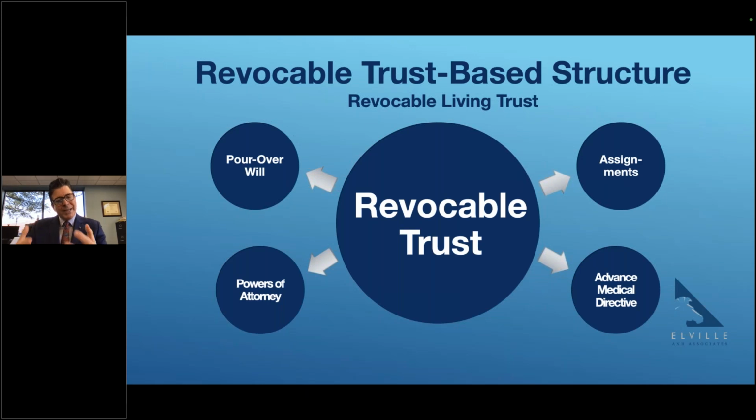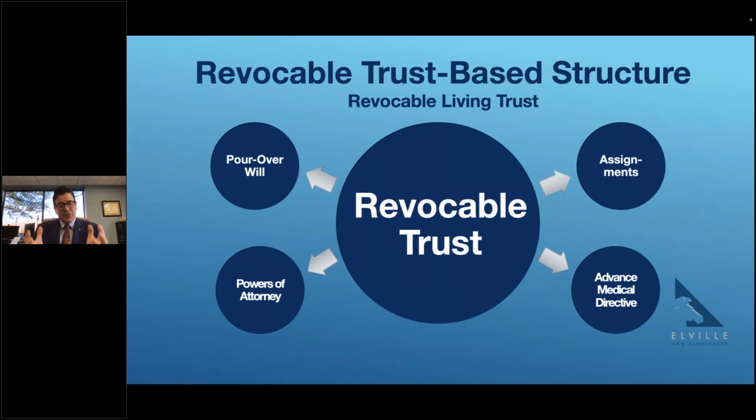So once we have a fully funded trust, we now have a trust that will actually work the way it's supposed to. Now, here at Elville & Associates, and I'm sure other law firms see this as well, we see people coming to our firm that have unfunded revocable trusts. So that's just going to cause issues. And you see here in this particular slide that there is a backup will that goes along with the revocable trust.